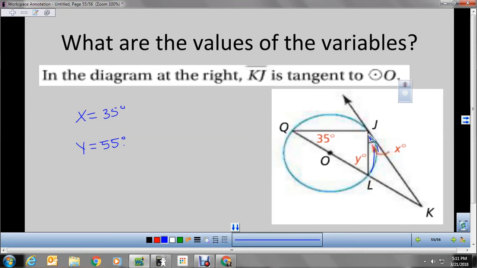And because angle QJL opens up to a diameter, this is a right angle. So we have a right triangle. And if we have two angles of a right triangle, we can subtract from 90 to get angle y. So y can be found by taking 90 minus 35, which gives us 55.